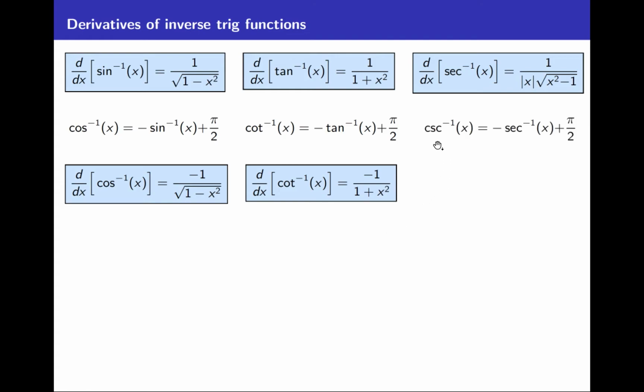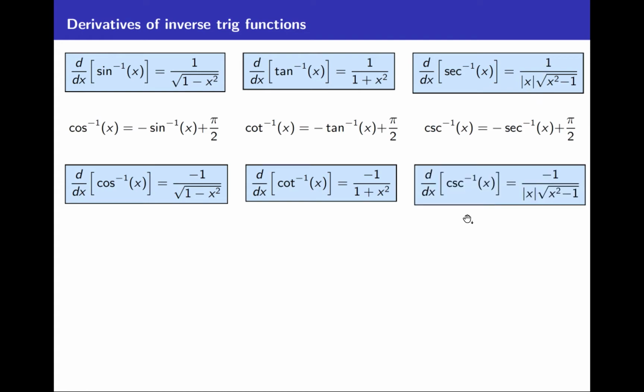Finally, for cosecant inverse, remember that it is equal to negative secant inverse of x plus pi over 2. So if you take the derivative of cosecant inverse of x, you just get negative the derivative of secant inverse of x, which is negative this fraction. So the derivative of cosecant inverse of x is negative 1 over absolute value of x times the square root of x squared minus 1.